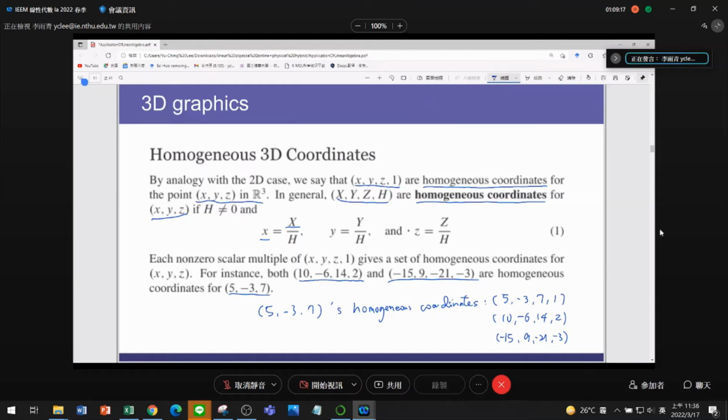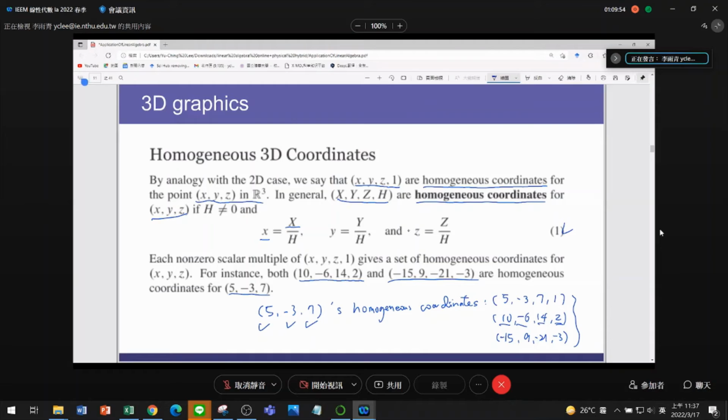So the reason why all three of them are homogeneous coordinates is because they satisfy equation 1. We can tell that the lowercase x is equal to capital X divided by h, like 10 divided by 2 equals 5, and then -6 divided by 2 equals -3, and then 14 divided by 2 equals 7.